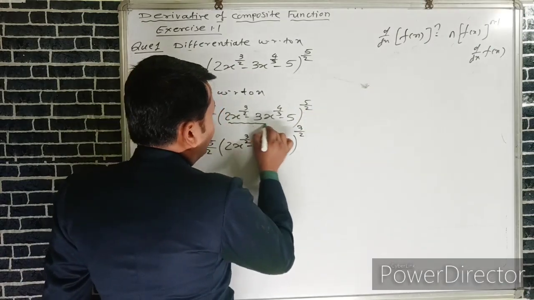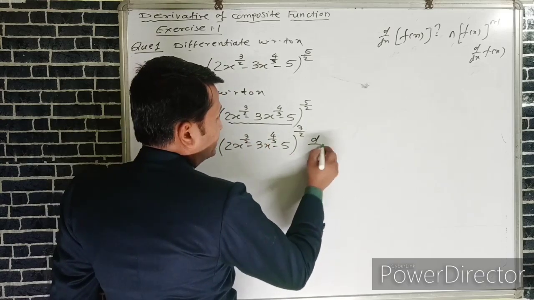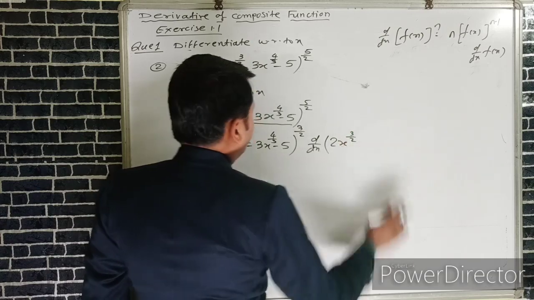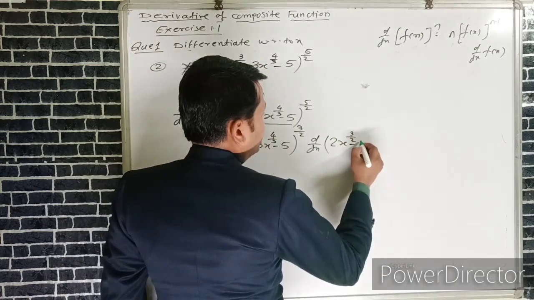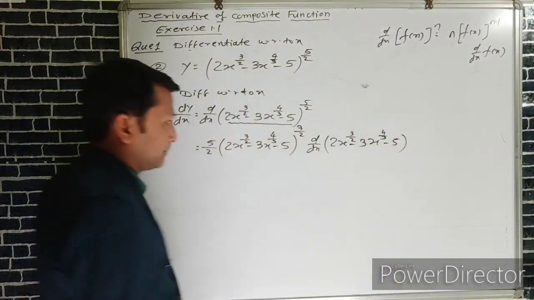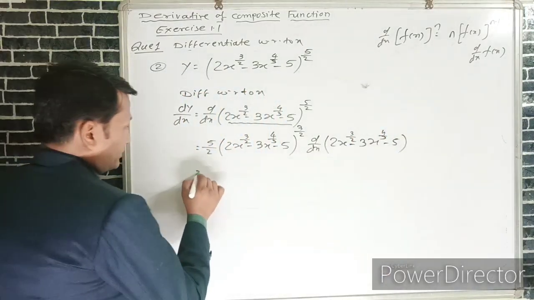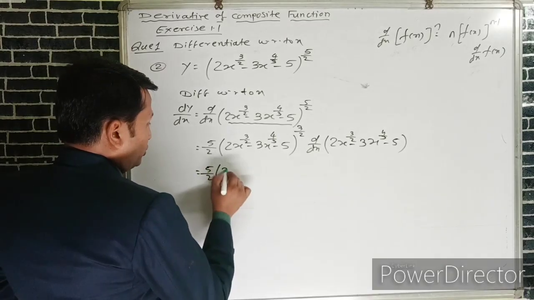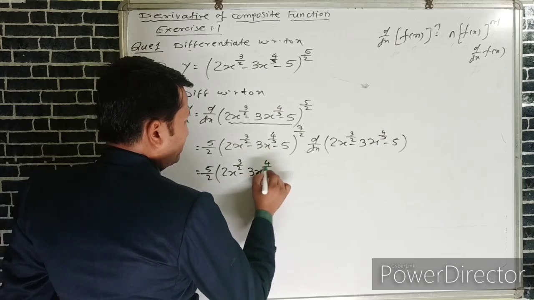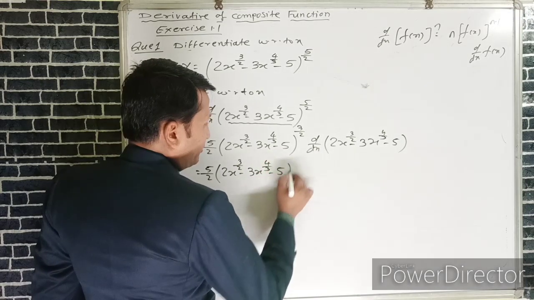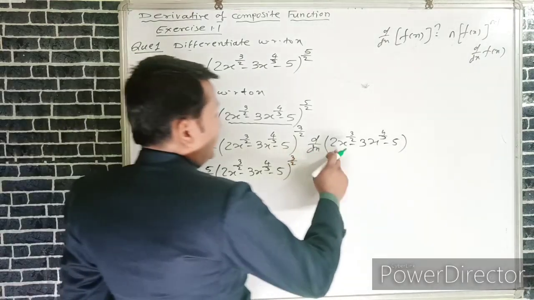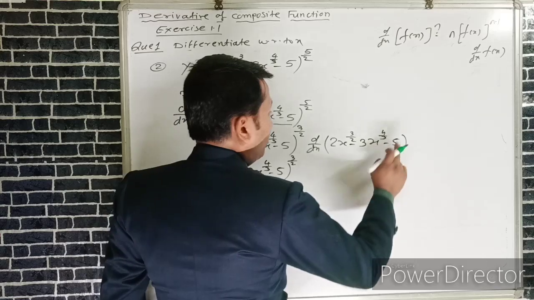And we take again the derivative of the inner function, which is the derivative of 2x raised to the power 3 by 2 minus 3 x raised to the power 4 by 3 minus 5. After that, 5 by 2 into 2x raised to the power 3 by 2 as it is, minus 3 into x raised to the power 4 by 3 as it is, minus 5, whole raised to the power 3 by 2. We take the separate derivative of every term.